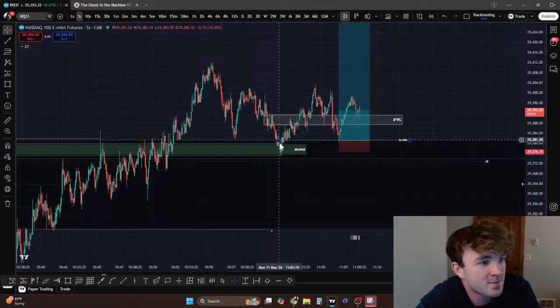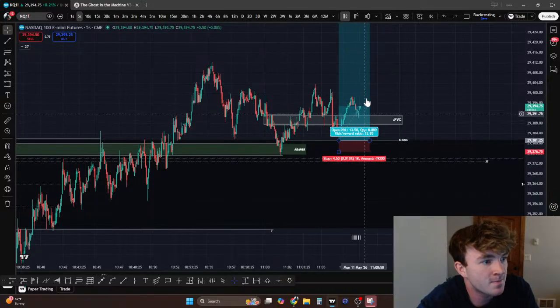This is looking like a propulsion block, order block, propulsion block, and then boom.